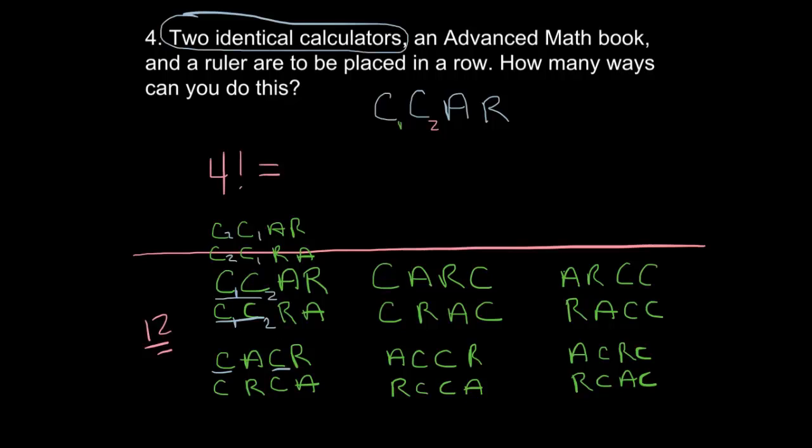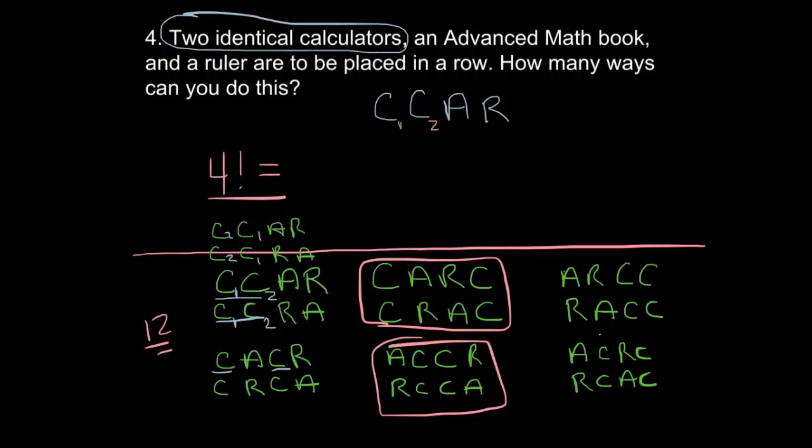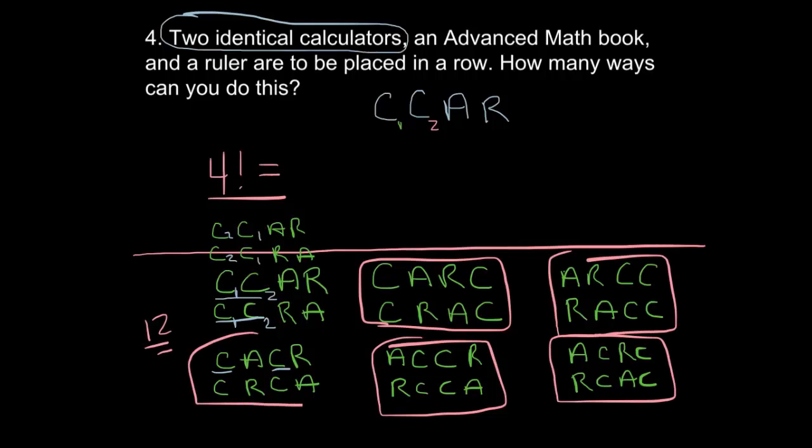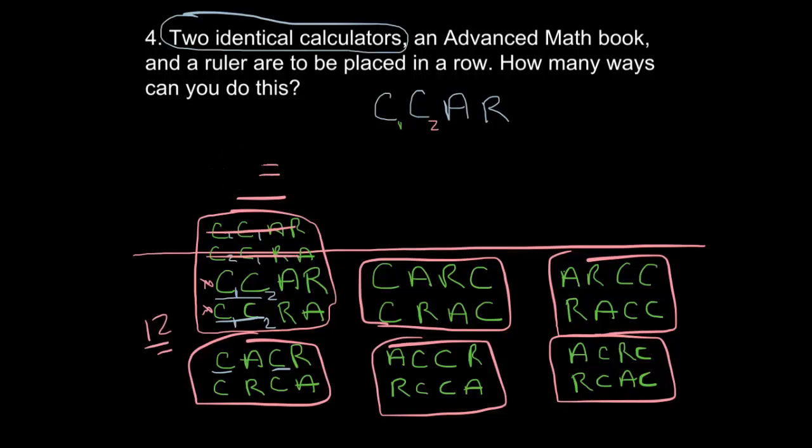So this 4 factorial is going to count each of these 2 double blocks twice. It's going to count each of these twice, right? Just like that's listed up here. But we actually don't want these two up here because it's the same arrangement as these two down here. So what we have to do is divide our 4 factorial by 2.